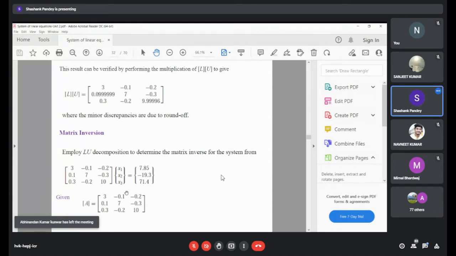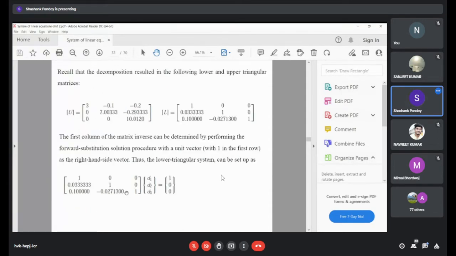So I have this lower triangular matrix, and I have multiplied some terms d1, d2, and d3, and I have equated it to the right hand side, having the first row as unity and the rest of the rows as 0.